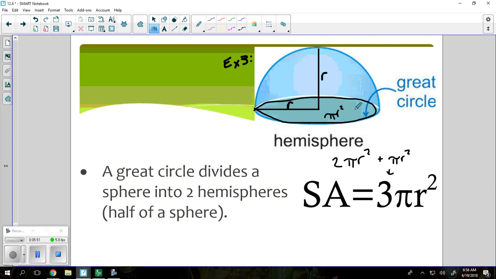So if I were to tell you that the radius is 32 inches, you plug in 3 times pi times 32 squared.